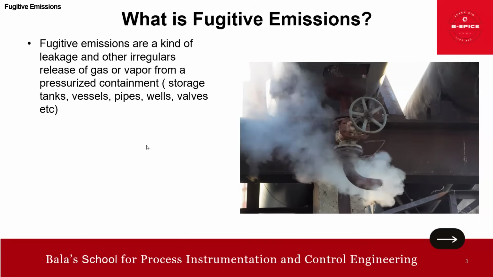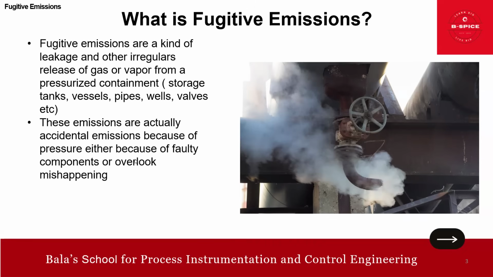Basically, it's a release of gas or vapor from a pressurized container. These are accidental emissions, because of pressure, either because of faulty components or an overlooked mishap. Okay, so that's the definition.